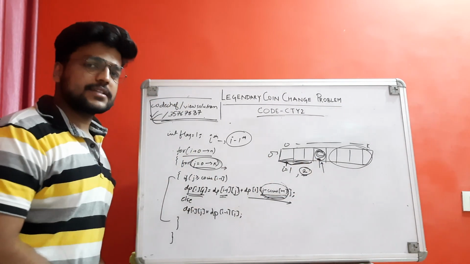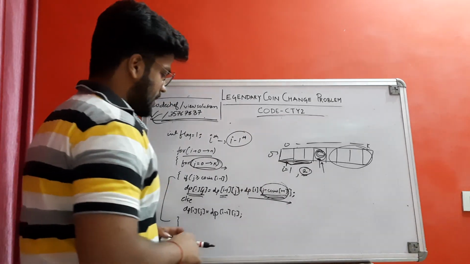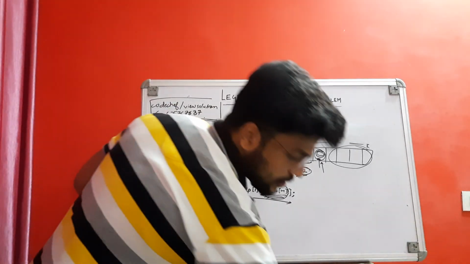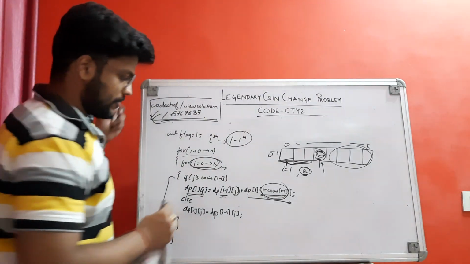So you can do this in a single D array. Just wait for the code, then you will get to know more easy.